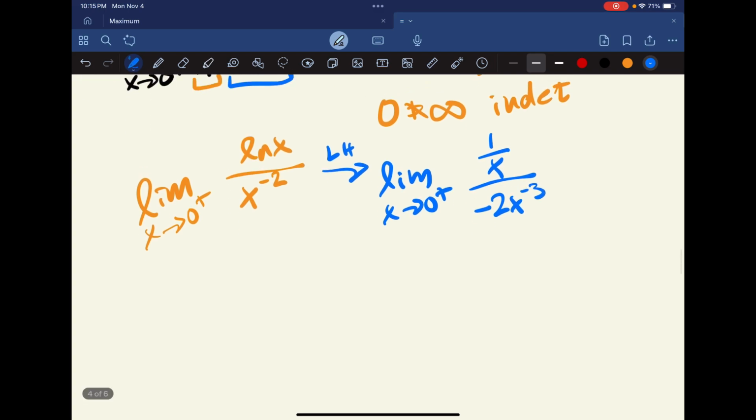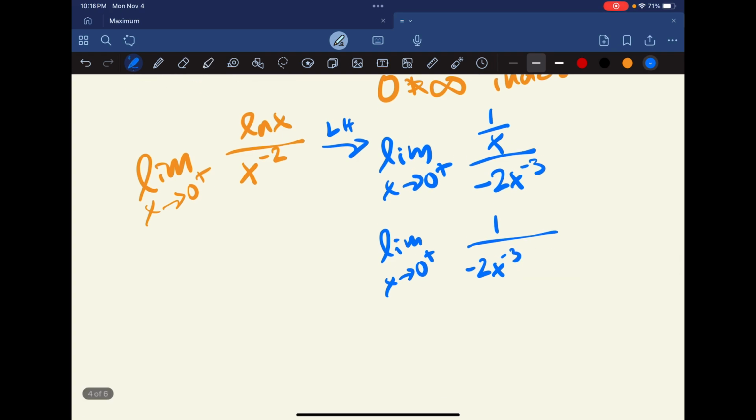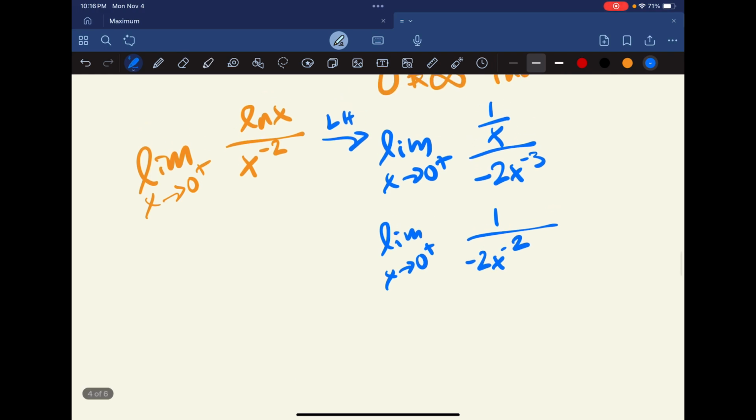So now we can simplify this a little bit, right? This is the limit as x approaches 0 from the right, and then we can bring down that x to be 1 divided by negative 2x to the negative 3 times x, which is the same thing as x to the negative 3 plus 1, which is the same thing as x to the negative 2, which is the same thing as x squared divided by negative 2.